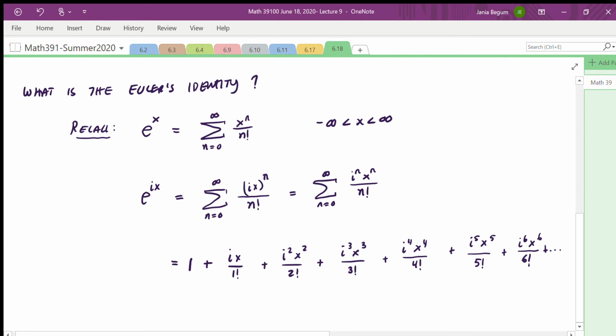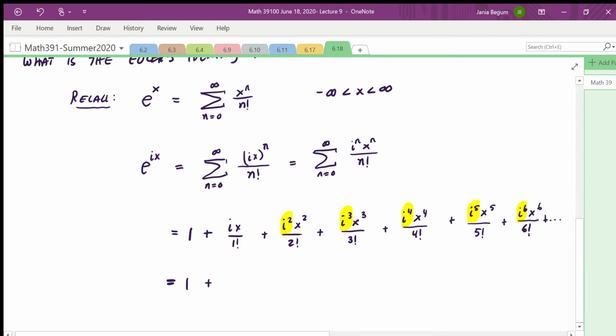So I'm going to rewrite this term, this one, and this one. Okay? So this is how it's going to look now. So we have 1 plus ix over 1 factorial. 1 factorial is again 1. So this is just i times x.